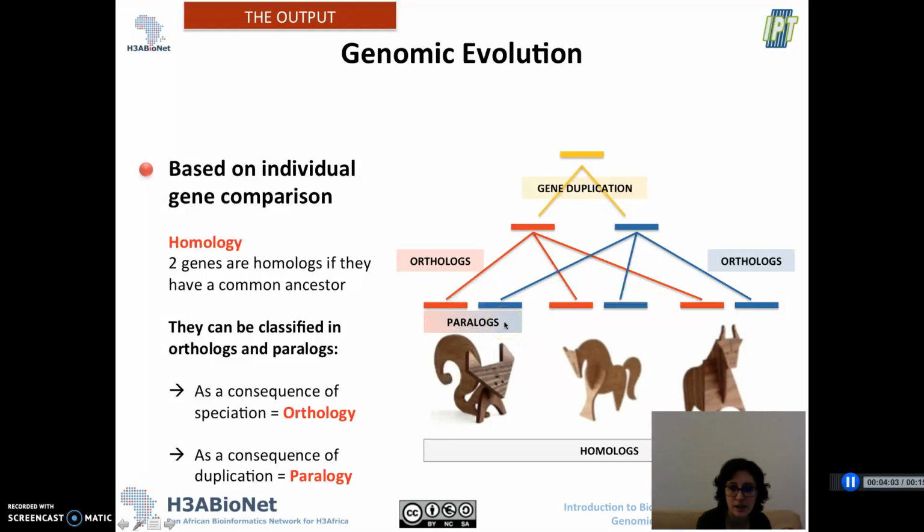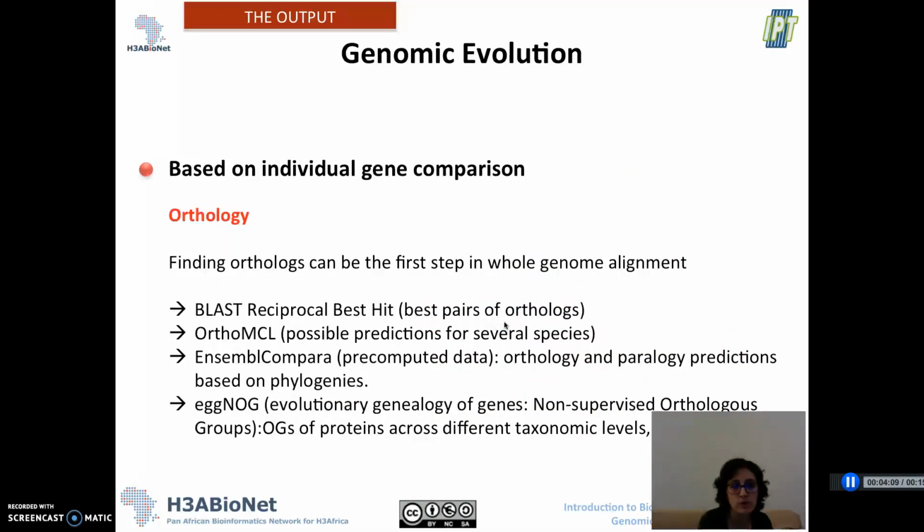These are very basic and important notions to have, because these are at the basis of gene comparisons. Orthology is at the base also of this comparison, and it takes into account the fact that we need to find these orthologs using, for example, BLAST, and you have now possible predictions for several species in OrthoMCL, for example, that you could use as a database.